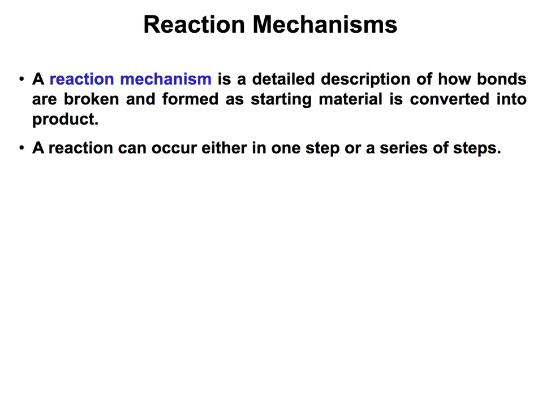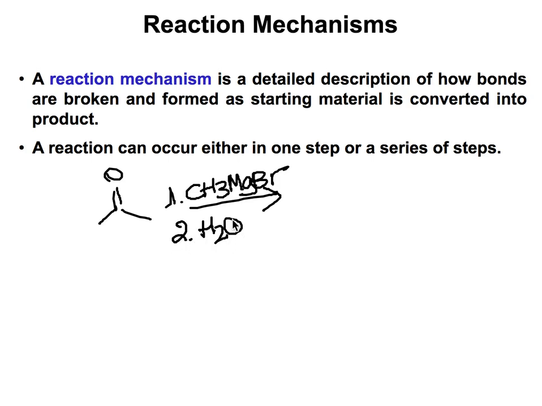So I want you to understand the difference between showing the overall reaction like we did in the Grignard reaction before. Remember, we had CH3MgBr, there was a 1, 2, water. And then here we had that the result was this, right?